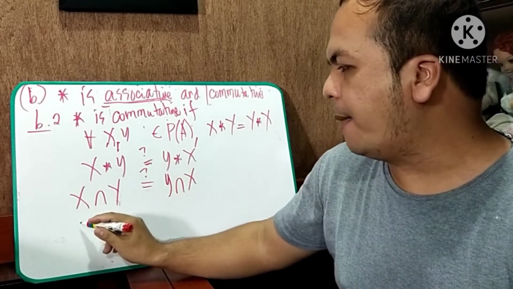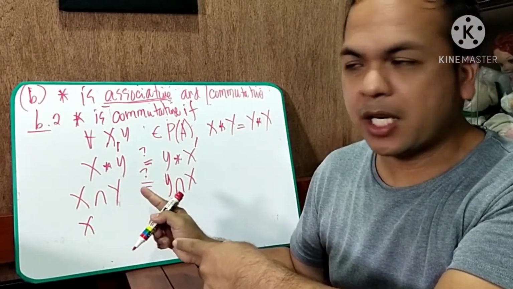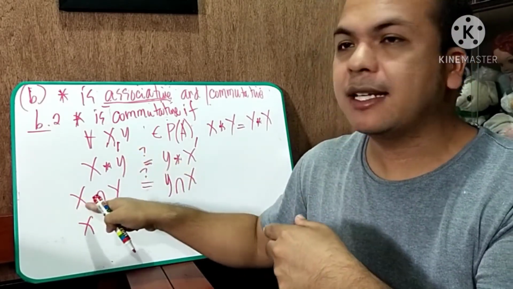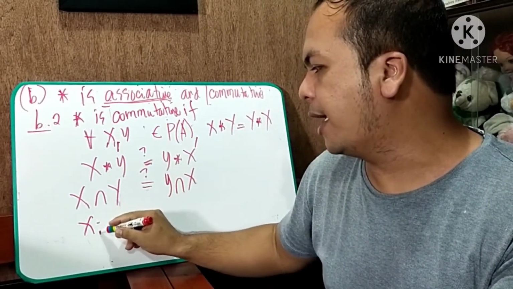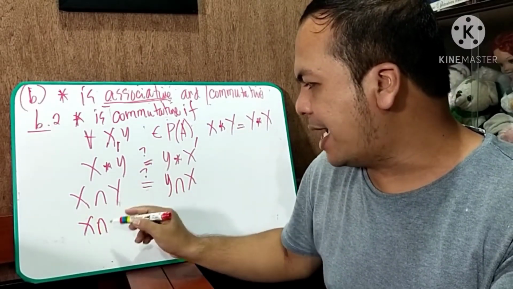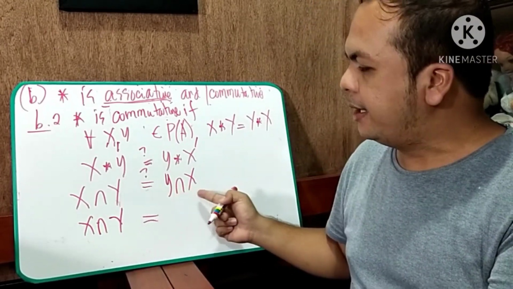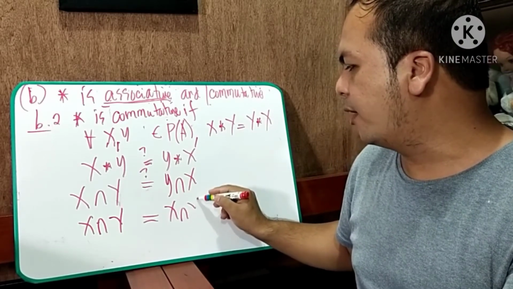However, pwede naman natin isulat either sides of the equation. Pwede natin isulat na x star y, x intersection y or y intersection x. Why? So, pwede natin leave this as is equal to, pwede natin siyang isulat na x intersection y.